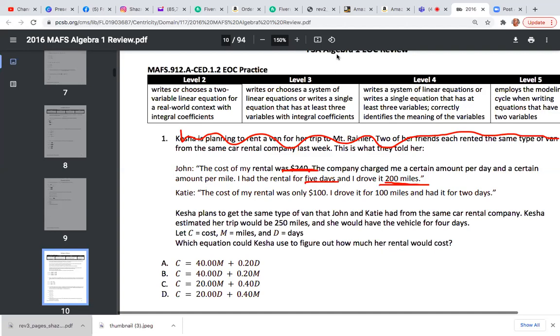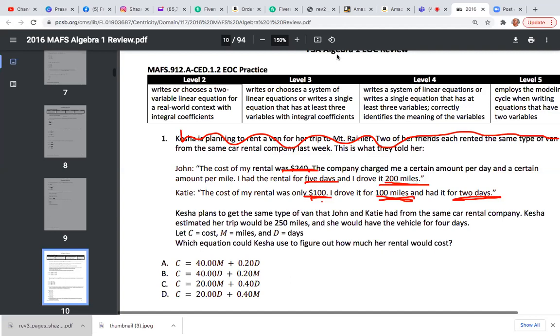Now, Katie, on the other hand, the cost of her rental was $100, critical information. I drove it for 100 miles, and I had it for 2 days, guys. Look at that, okay? 100 miles, 2 days. So there's a difference of 100 miles between the two. And then 5 days was one, the other one was 2 days. So there's a difference of 3 days.